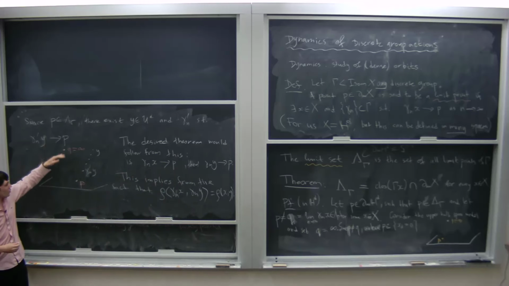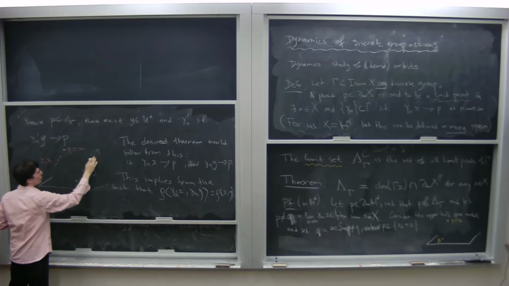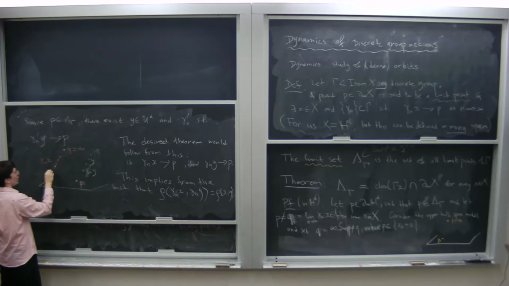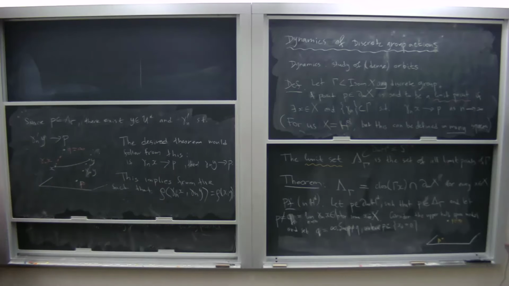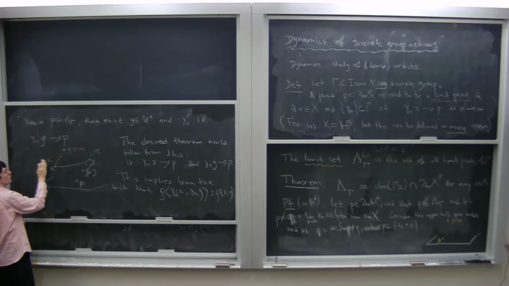If they converge to different points, I chose y somewhere here and x somewhere here. So this distance is fixed, right? But if they converge to the same point, then gamma n x goes closer and closer to infinity. Gamma n y goes closer and closer to this hyperplane.